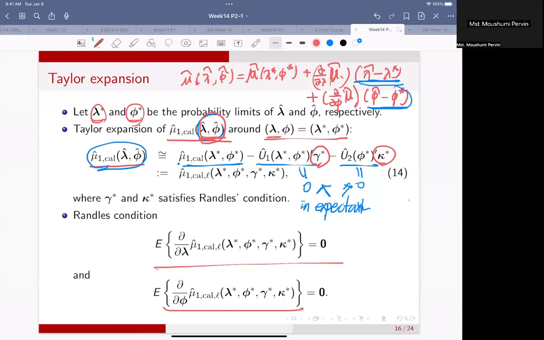Basically it means if this is indeed linear, so the idea is if this guy is indeed really the correct linearization, then it should no longer depend on lambda, right?